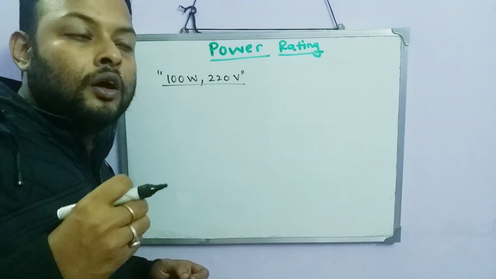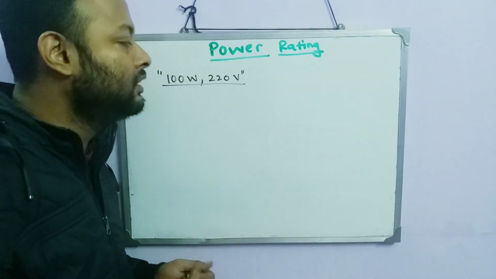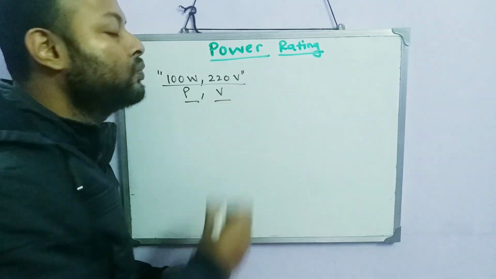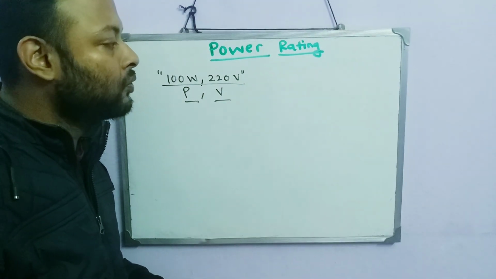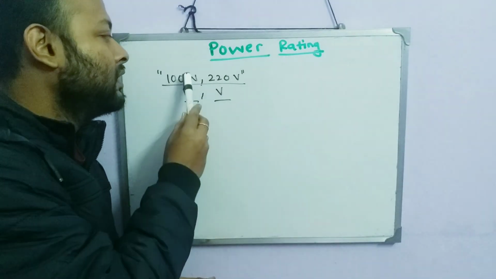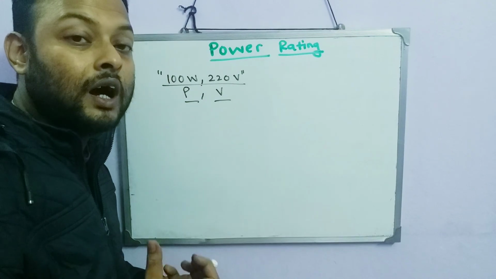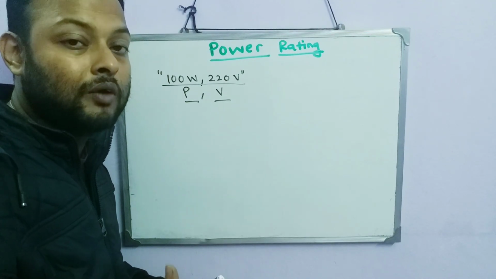Either you take a bulb or a fan or a refrigerator or an AC or a TV, these two values, the power value and the voltage value, will always be written on the appliance. Now from this, what do you understand? The first, 100 watt, means that the bulb consumes 100 watt of power.